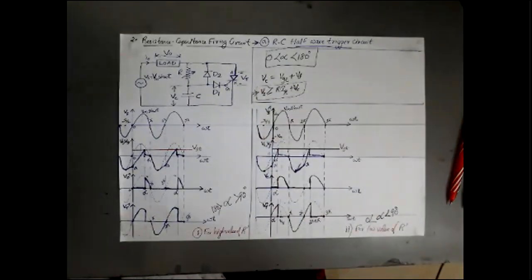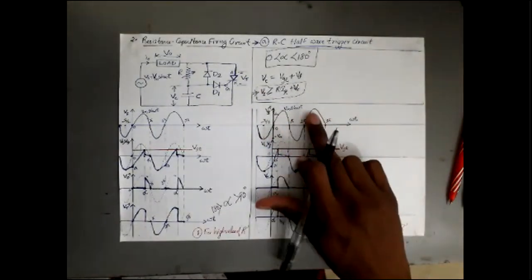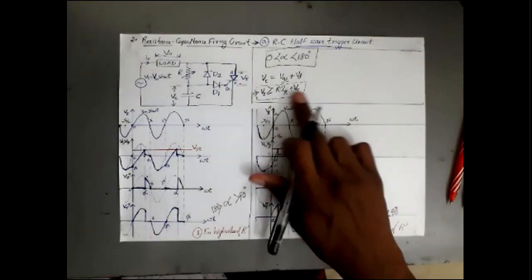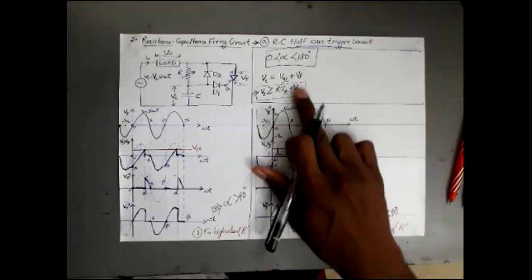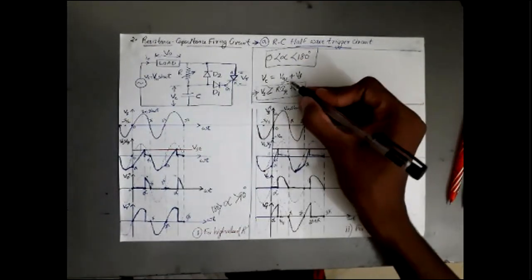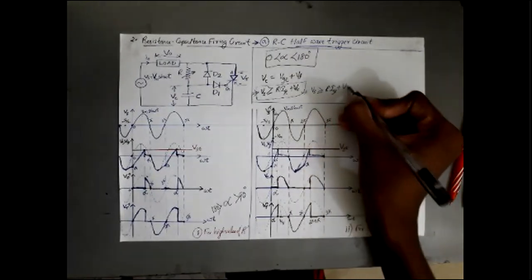At that time, what is the value of VC? As I have said earlier, we know that VC is equal to VGT plus VD. I can rewrite this equation as Vs greater than or equal to R IGT plus VGT plus VD. Hope it is clear for you.